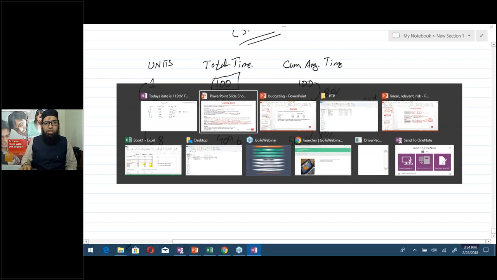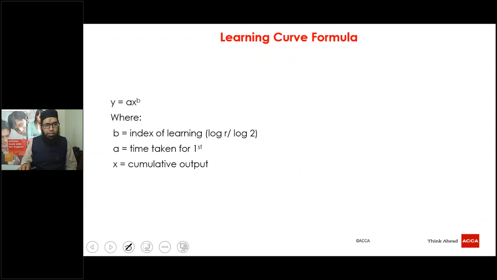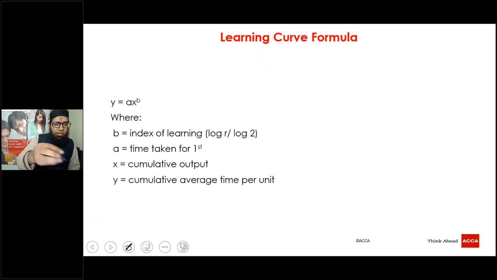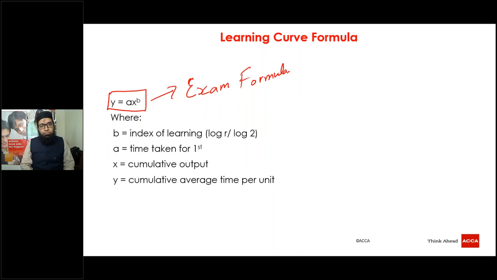Now we can perform the same calculation with the learning curve formula as well. And remember, this is an exam formula, so it will be provided to you in the exam.